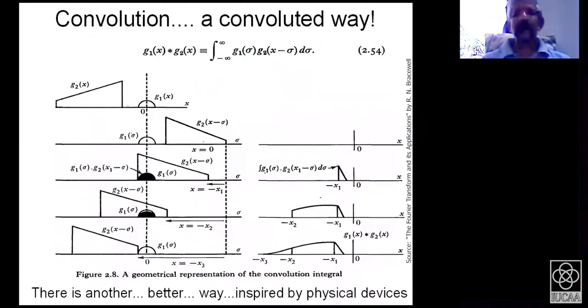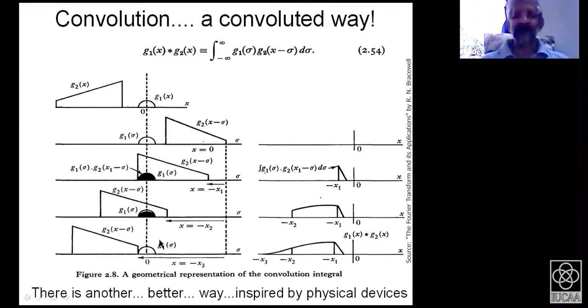The traditional way convolution has been described in the book and by most people is what I was mentioning, where you have these two functions g1 and g2. You flip one of them and then slide it over the other, and as a function of the relative shifts, you find the product and integrate it over the entire space.